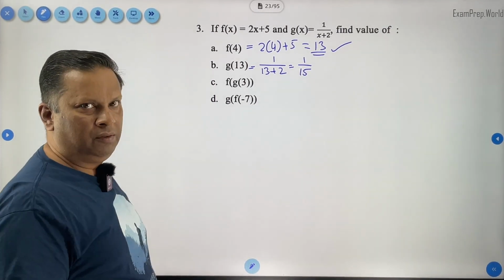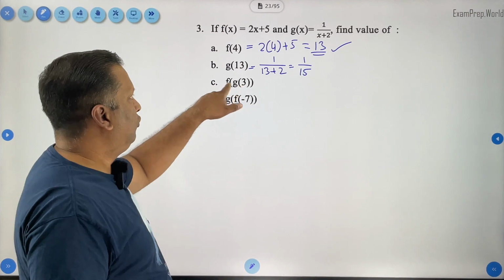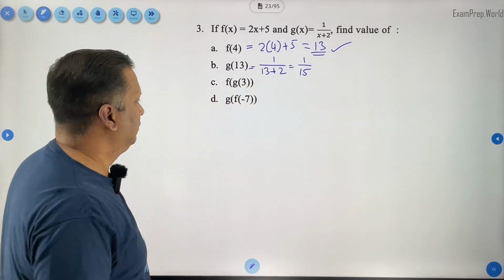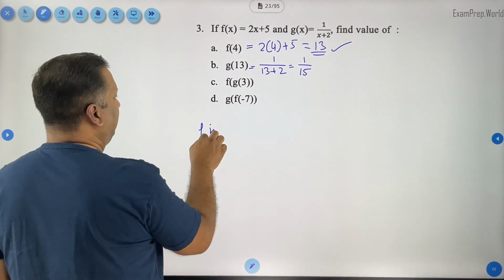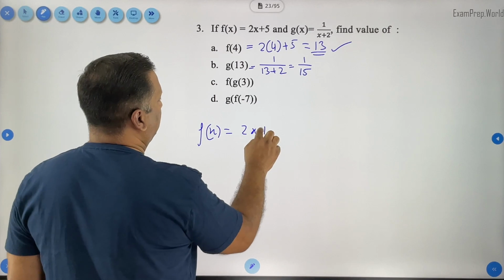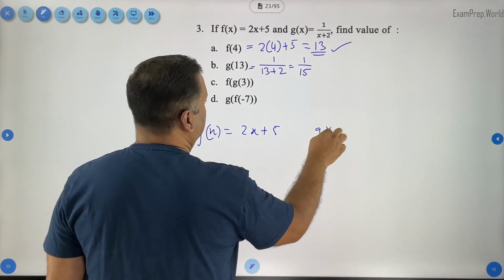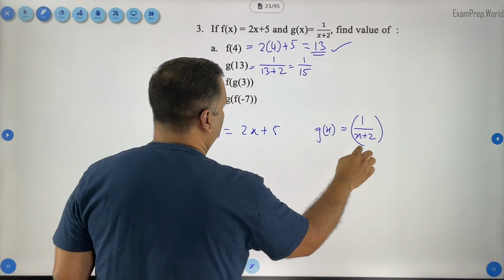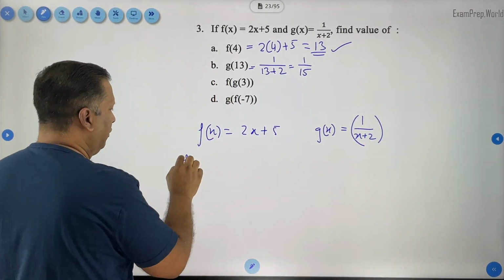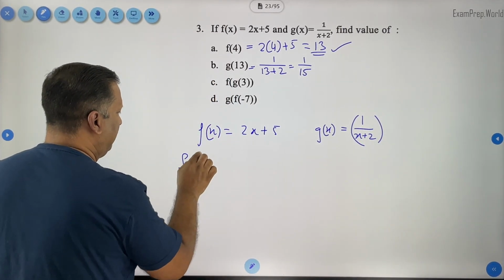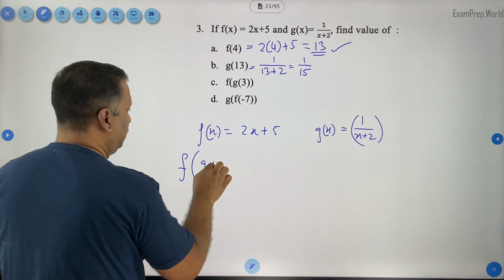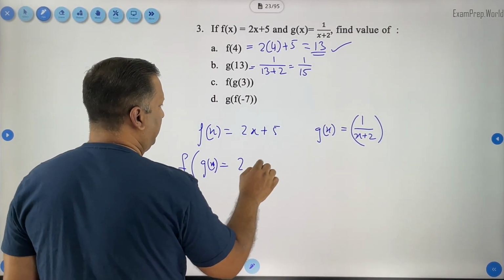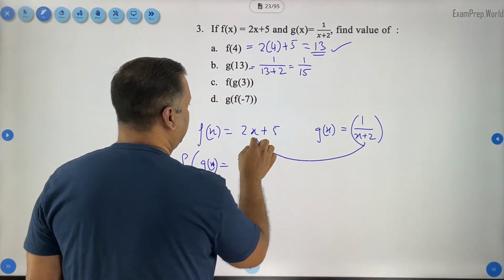Okay, very simple. Now f of g of 3. So first, find what is f of g. Here we have f(x) is 2x plus 5 and g(x) is 1 by x plus 2. To find f of g of x, first bring this whole thing instead of x here.